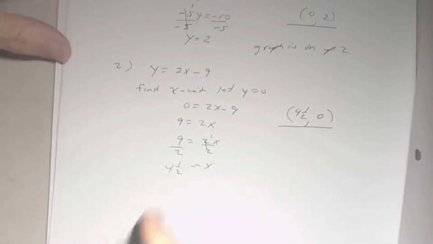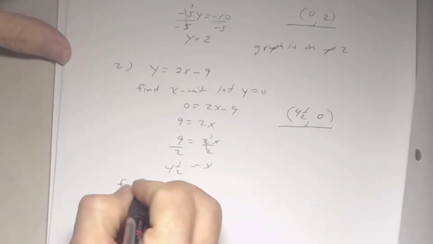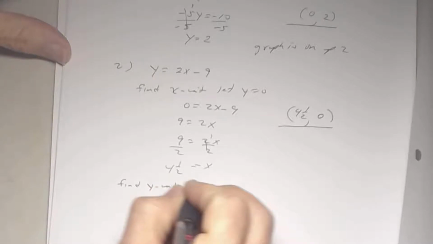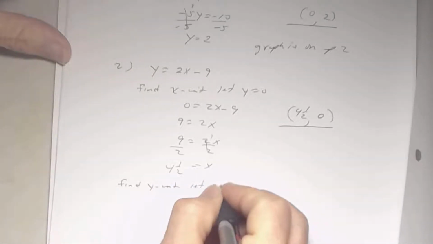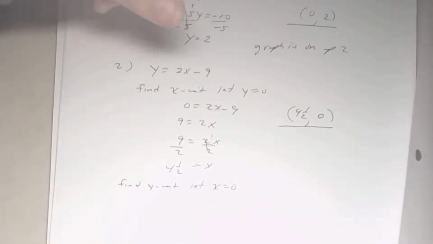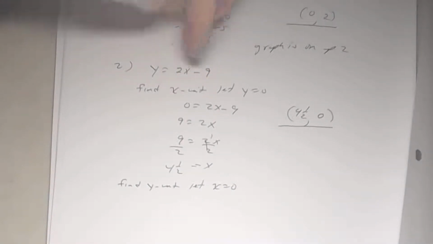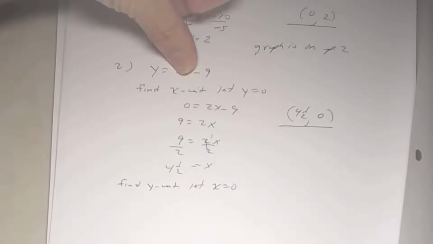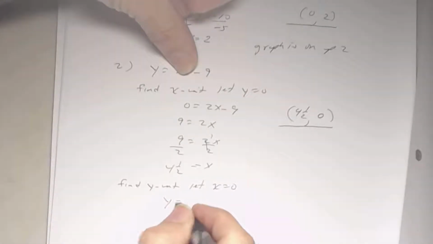Okay. To find the y-intercept, you're going to let x equal 0. All right, now this one's easy to just put your thumb over with your finger. So if x is 0, 2 times 0 is 0. So what's the equation that you see? Y equals negative 9, and y is already by itself.